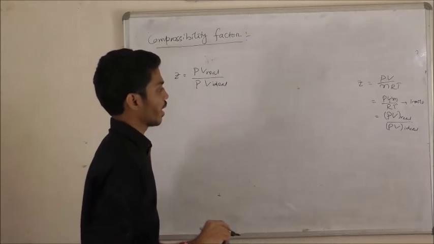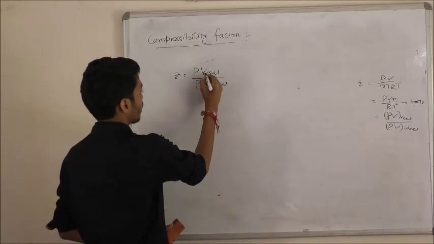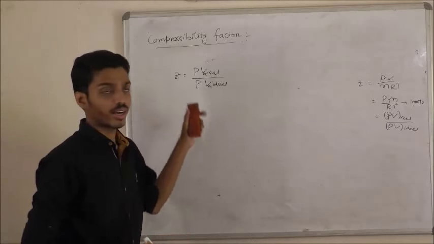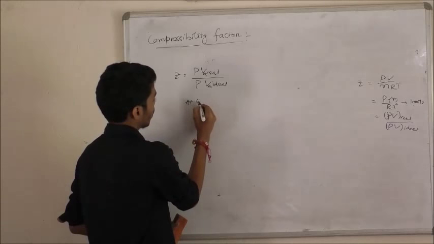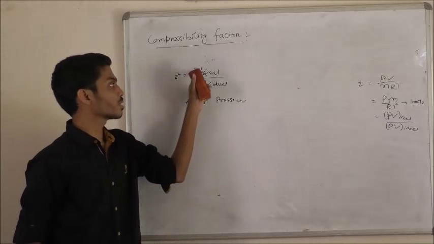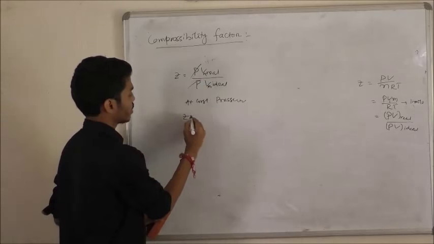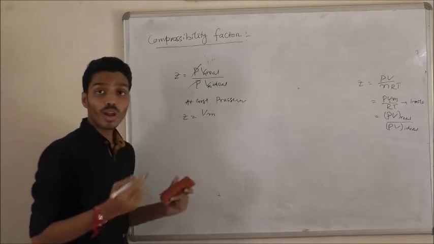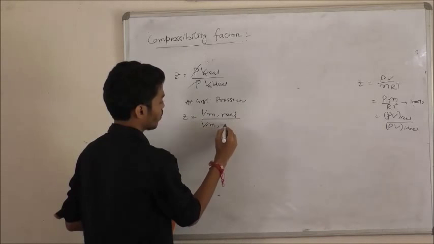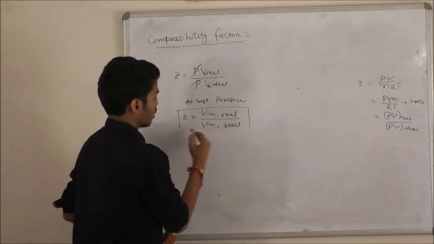If we consider this for 1 mole of gas, it will be simply PVm for real gas and PVm for ideal gas, and it is Z. Now at constant pressure, the P terms will cancel. So Z is equal to the molar volume of real gas over the molar volume of ideal gas.